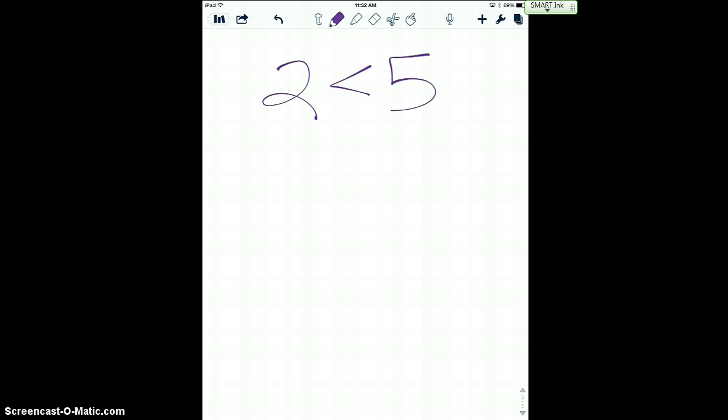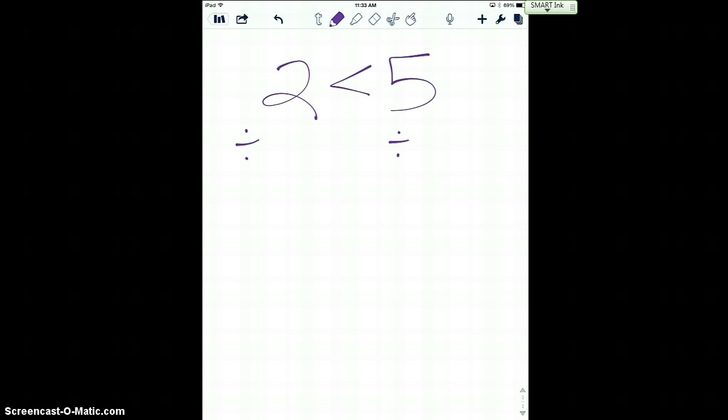Okay, so now let's check with multiplying. If I multiply 2 by 4, and I do the same thing over here, will it remain true? 8, this will become 20. Is 8 less than 20? Heck yeah! Okay, we've done multiplication. Let's check with division.